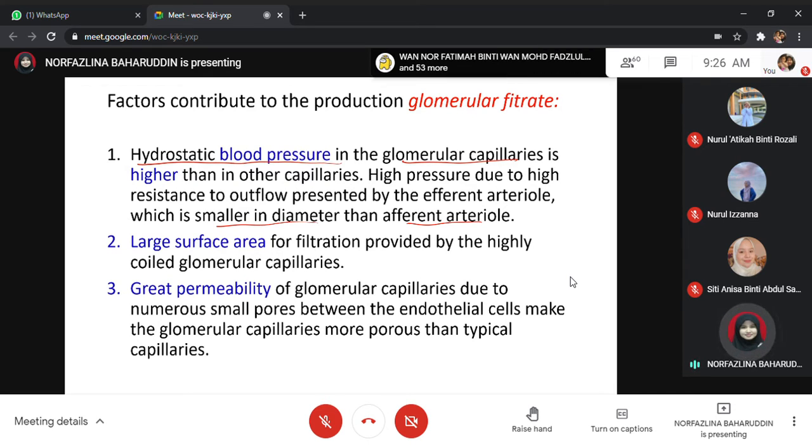Here, if the question asks why the high hydrostatic blood pressure, you write that the afferent diameter is bigger than the efferent. This is the reason. Because the afferent arteriole's diameter is bigger than the efferent arteriole. This is what causes high hydrostatic blood pressure.